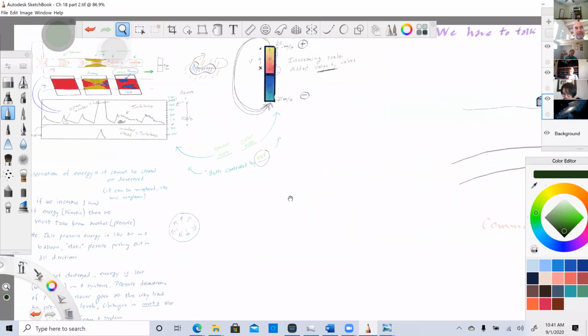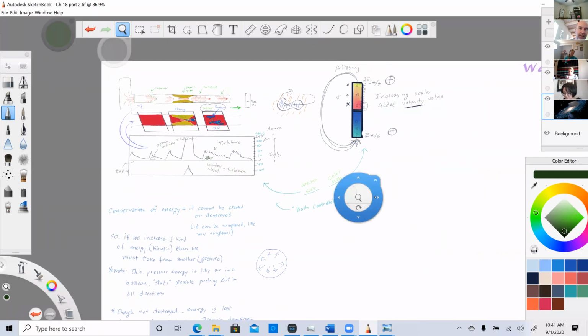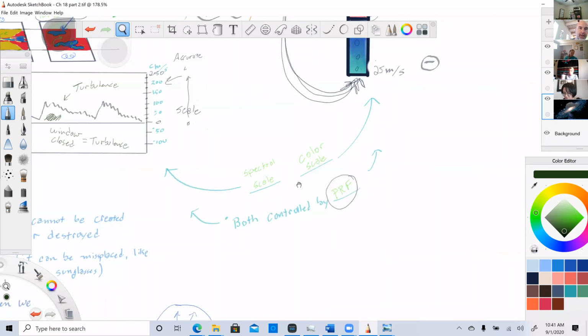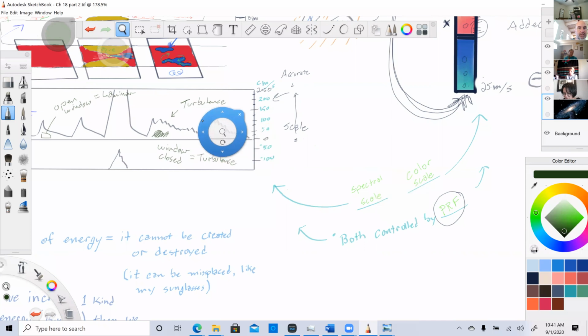So if you have turbulent flow, you cannot make it look laminar. There's no way of doing it. If you have laminar flow, there's several ways of taking laminar flow and making it look turbulent.